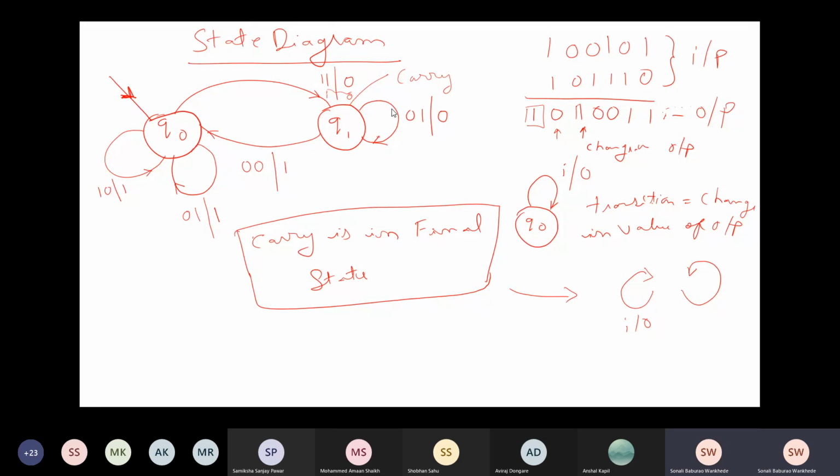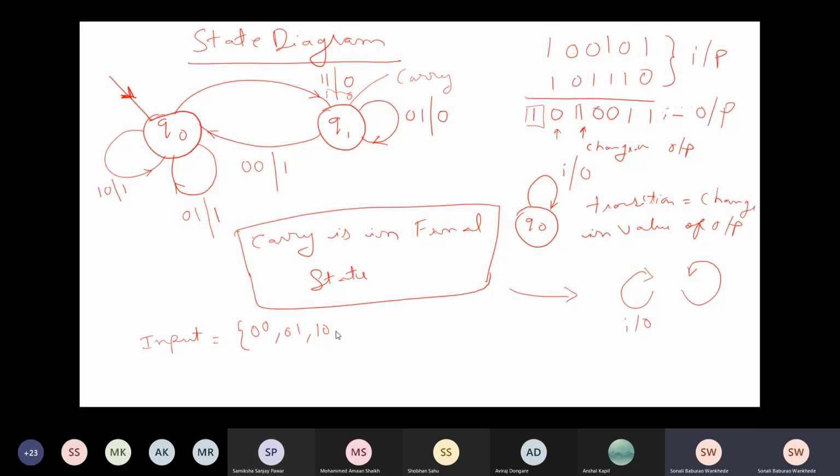Now one more thing: once you are done with this, you have to write the inputs here. What will you write? My inputs are, start with the initial state: 0 1 0 0 0 0 0 1 1 0. What else? 1 1, very good.